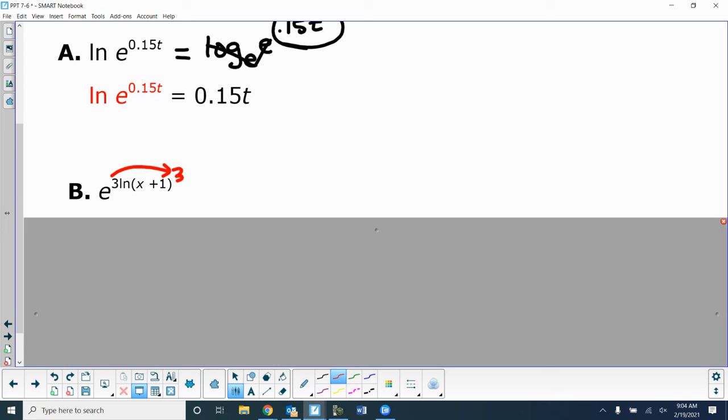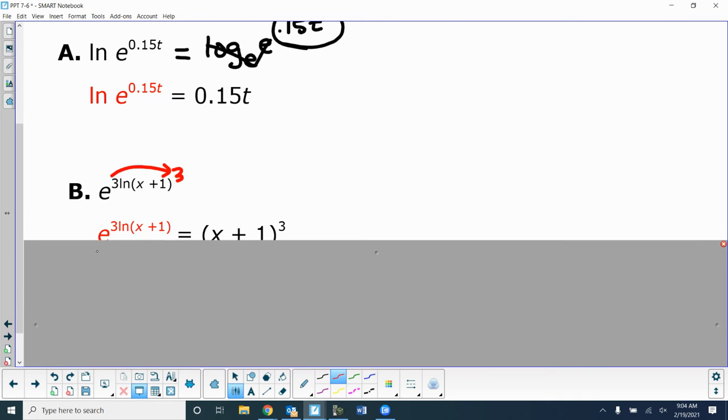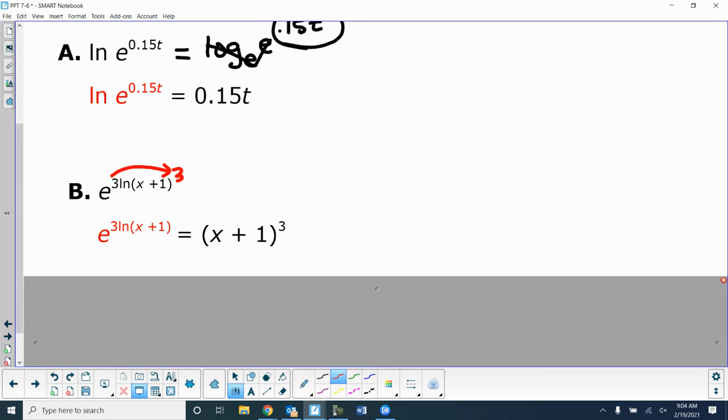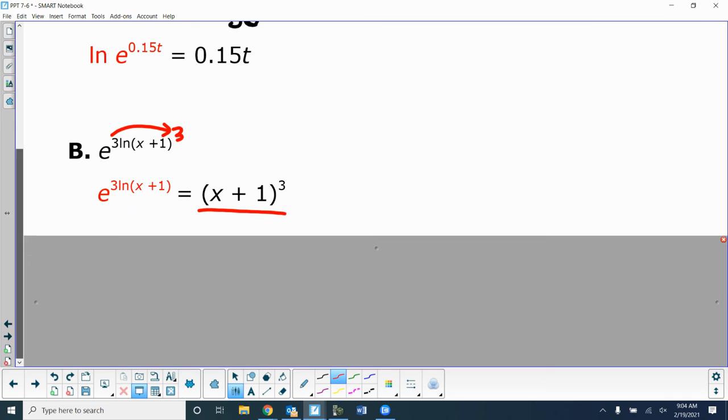So the answer is x plus 1 to the third. So if there's a number in front of the ln, or if it was log base 8, 8 to the log base 8, and there's a 3 in front, we move it to the exponent for the answer.